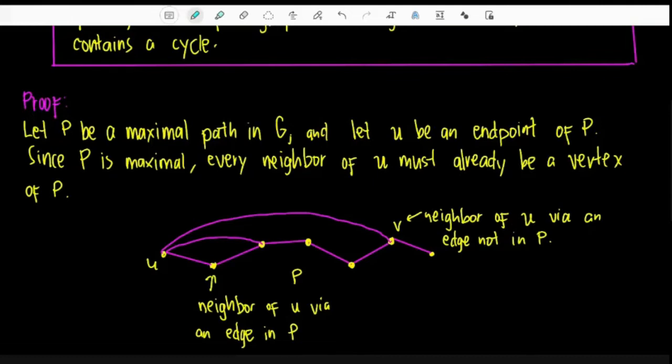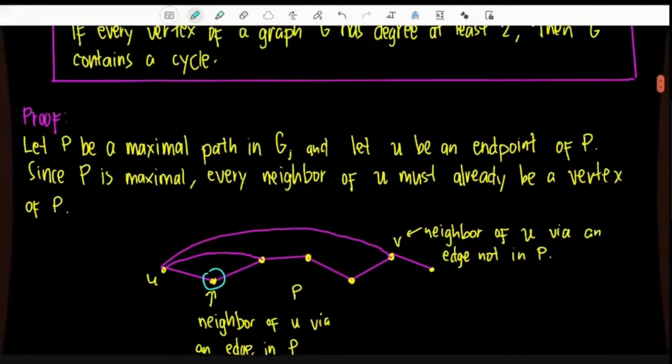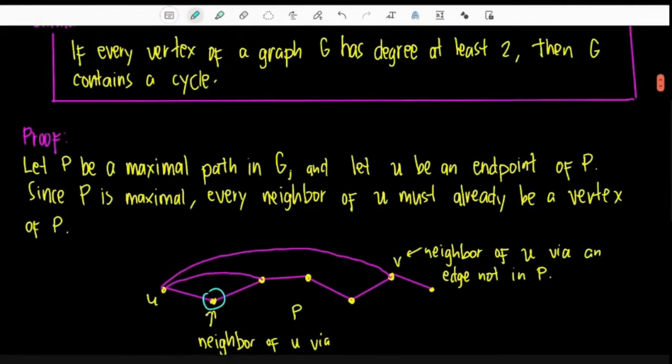Yung isang neighbor ni U, yung pinakakatabi niya sa path. Tama? The rest, malayo na kay U. Now again, since by assumption, ang degree ay at least 2, dapat may isa pa. Beside this neighbor, may isa pa dapat. Okay? So let's say may isa pa siyang neighbor, let's call that V. Okay.